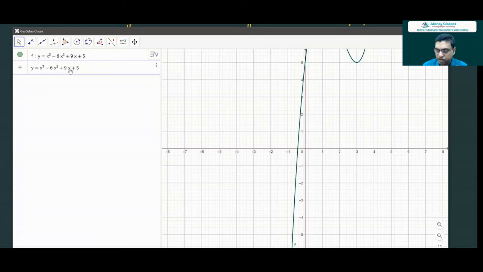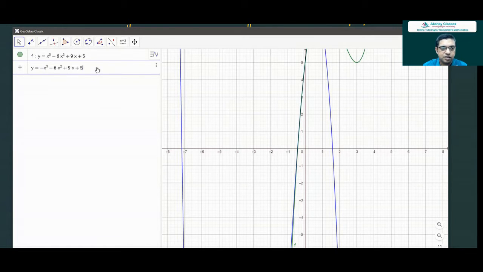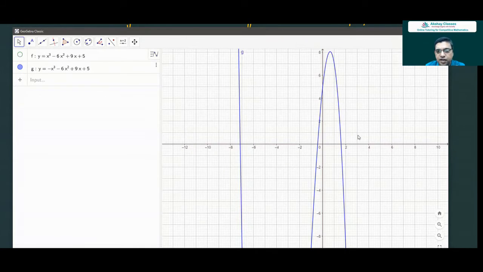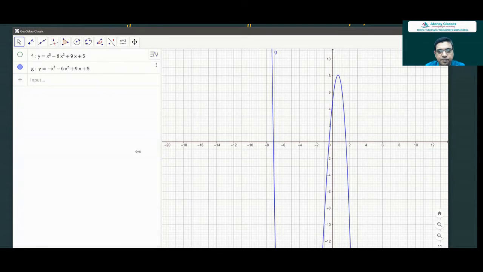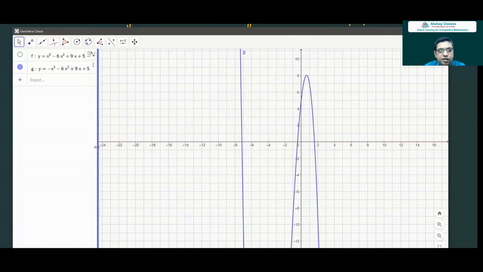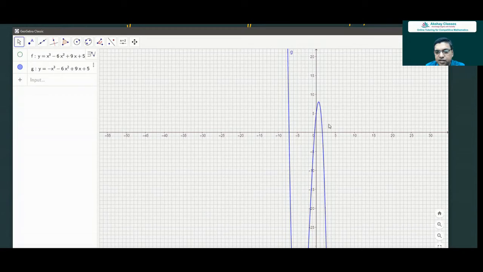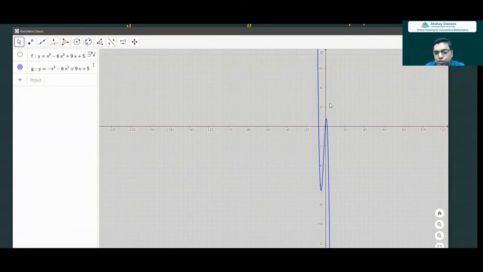Now I'm just introducing the minus sign and see how it changes. Same thing with the minus sign. I'm writing this graph, and see this graph now. When you do a minus sign, again you get two critical values, but the curve goes from positive infinity on the left side to minus infinity on the right side.